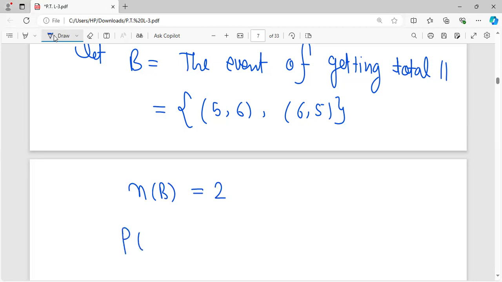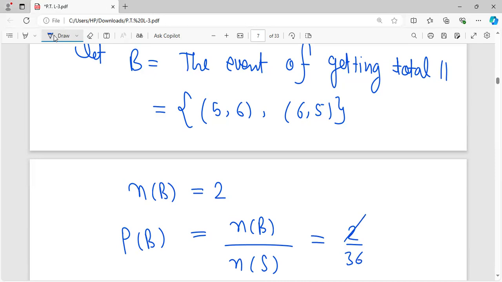So what is the probability of B? n(B) upon n(S), that is 2 upon 36, which is 1 upon 18.